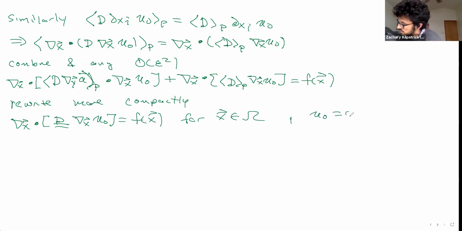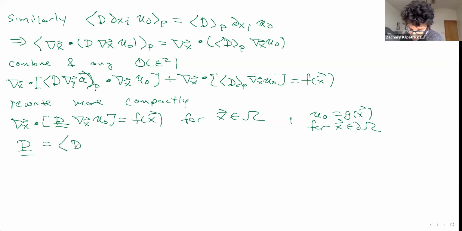Okay, we have that u0 also on the boundary is equal to g. And what is this d thing? This is now our homogenized diffusion coefficient, which is just going to be the average of our original d gradient over y a p plus average of d over p, okay?